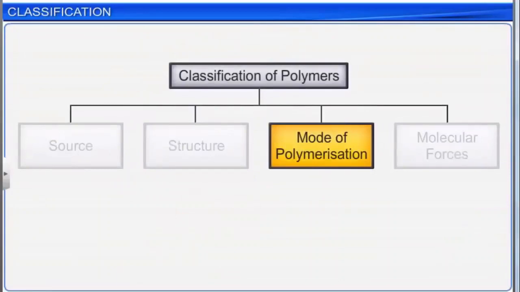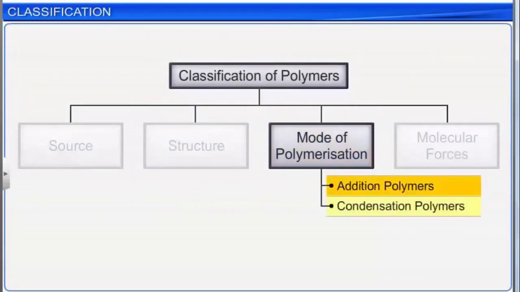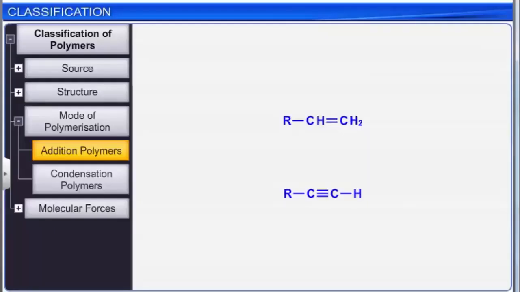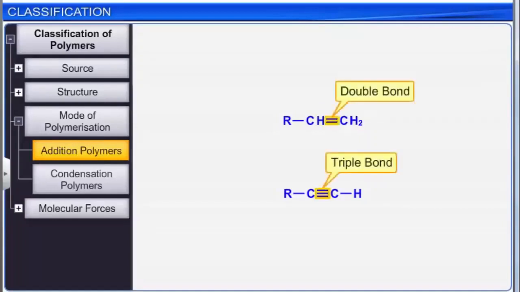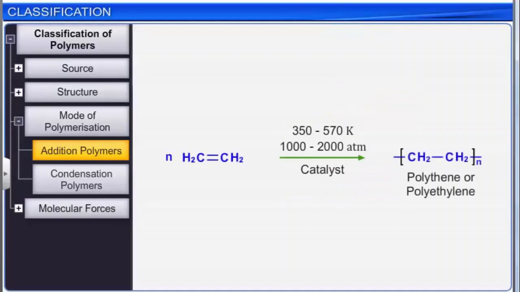On the basis of the mode of polymerization, polymers are classified into two categories: addition polymers and condensation polymers. Addition polymers are formed by the repeated addition of monomers containing double or triple bonds. The reaction involves breaking of pi bonds.